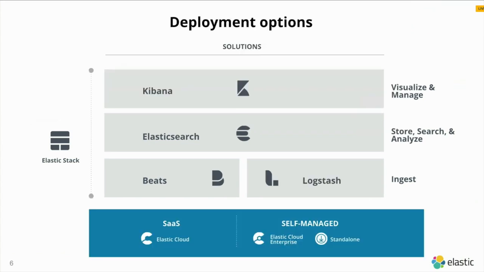Before I get into the APM presentation, I want to mention that there are a few ways to consume the Elastic Stack. You can either download it and run it self-managed, or you can use our hosted offering, Elastic Cloud. For those who like to use Elasticsearch but don't like to operate and scale it, Elastic Cloud is a great alternative.